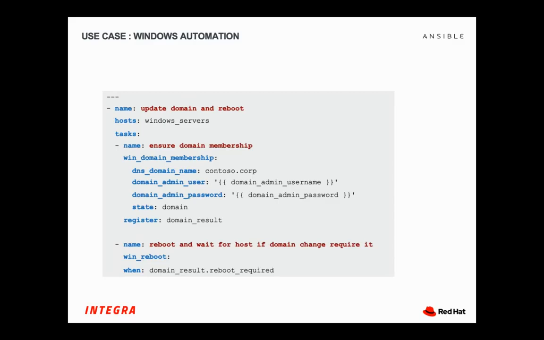Next, we are going to use a Windows module called win_domain_membership, which will help you to add all your Windows workloads or Windows hosts to the domain. Here we have given contoso.corp. That would be the domain that this would be added to.